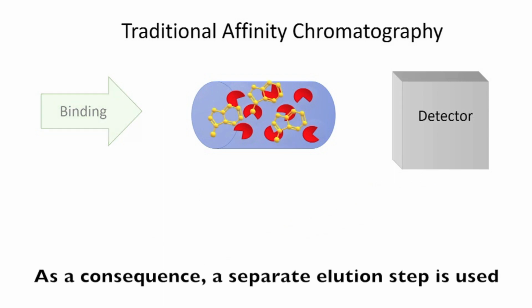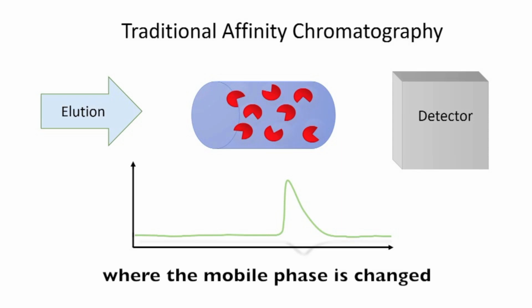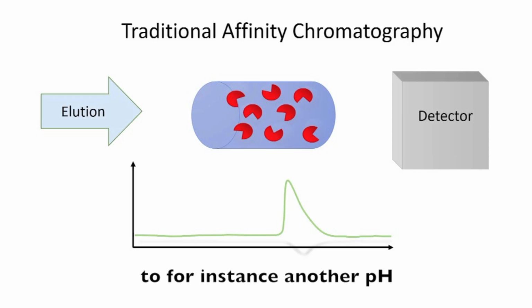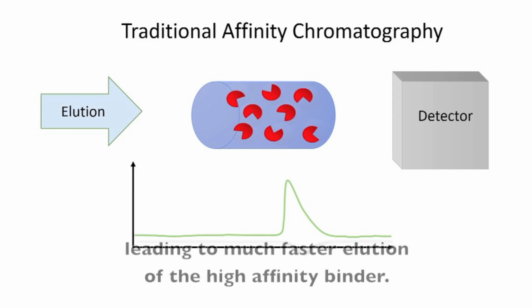As a consequence, a separate elution step is used, where the mobile phase is changed to, for instance, another pH, in which the binding between the high affinity binder and the immobilized protein is weakened, leading to much faster elution of the high affinity binder.